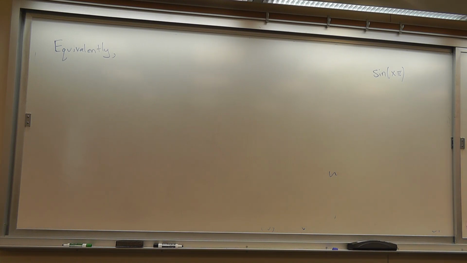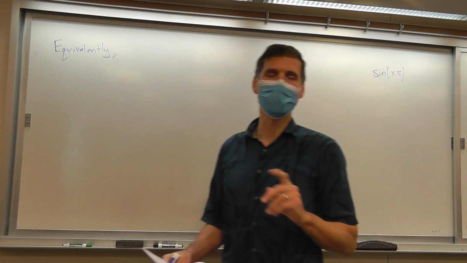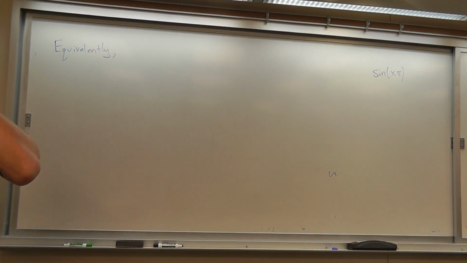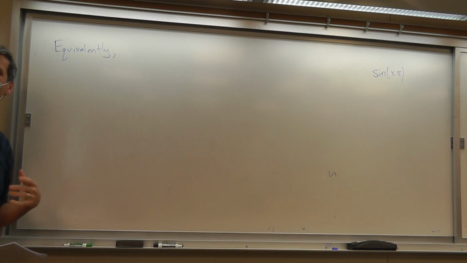So there's two ways that you can get around this problem. One is that there's a theorem whose name I can't remember right now, that under some conditions on the asymptotics in the complex x-plane, this analytic continuation is unique.